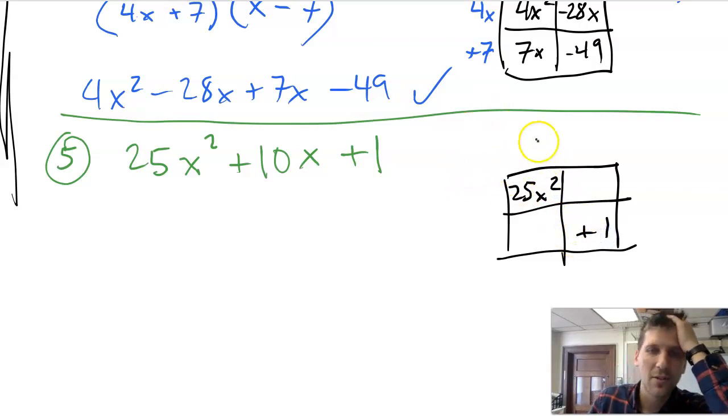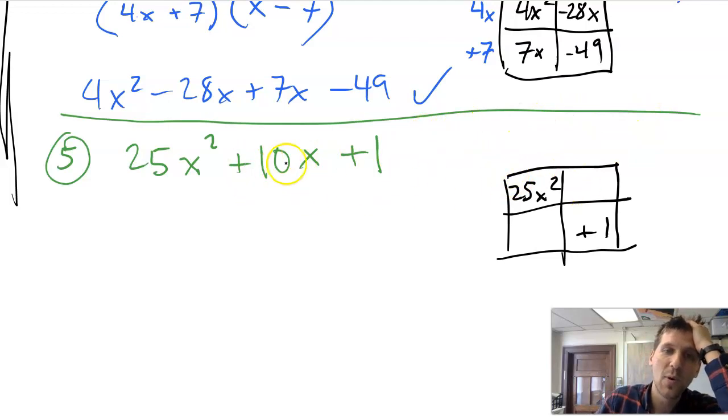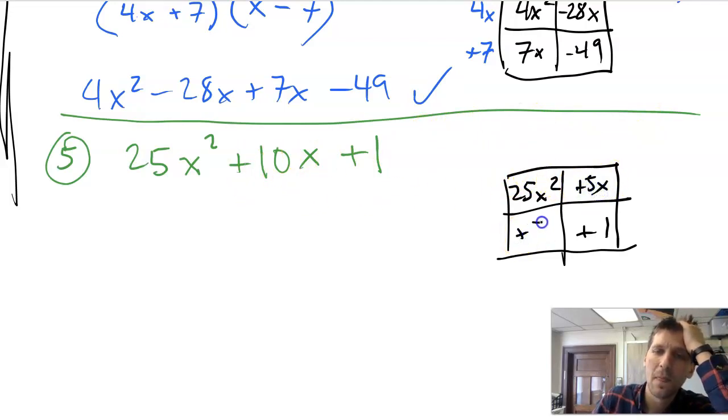Because what are the factors? Well, I would do 25 times 1. That's pretty nice. What are the factors of 25 that add to 10? Yes, it's 5 and 5. And what we're going to see is, since these boxes are the same, we're going to end up with the same factor, which is why it's considered the special case. 5x, well, that's just 1 in common, 5x, and that's just 1.